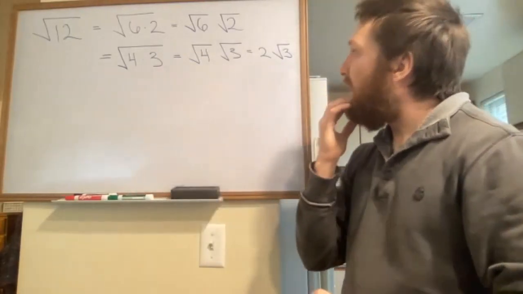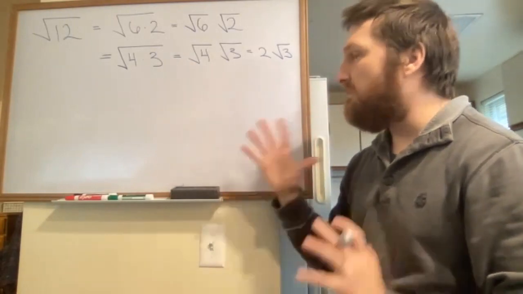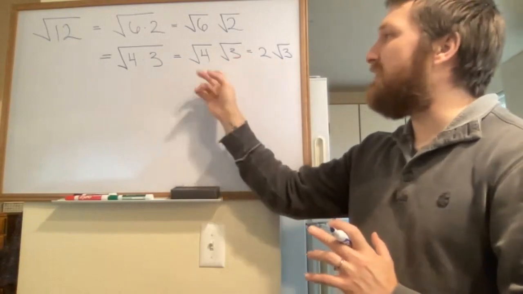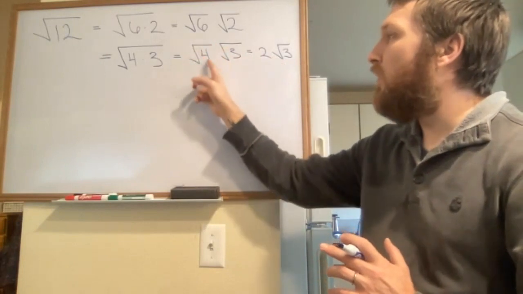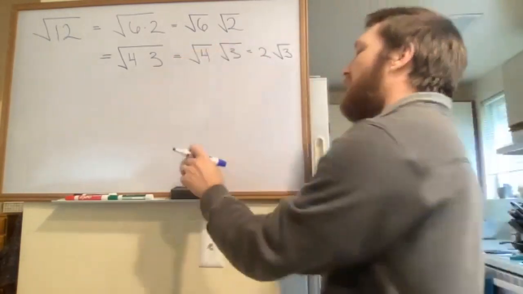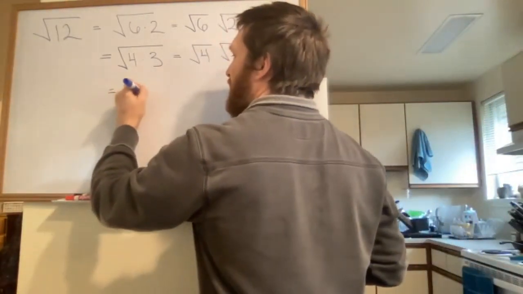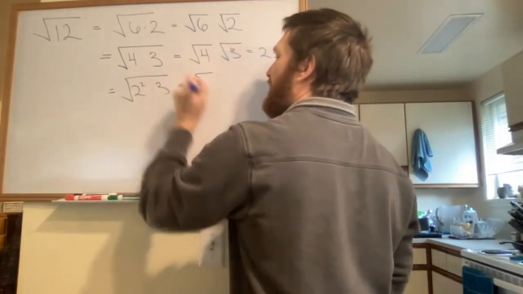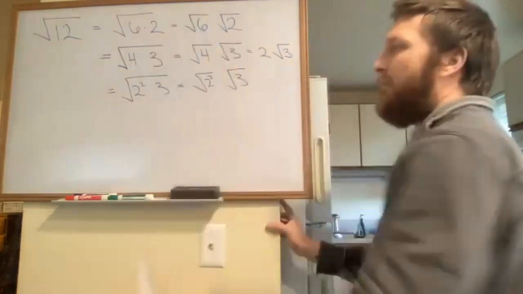Okay, so now here's the thing. Your book does it like this: this is how it tells you to break stuff down, almost as though you're supposed to know that. We could have written this as 2 squared times 3, and then broken this up as the square root of something squared times the square root of a prime number.